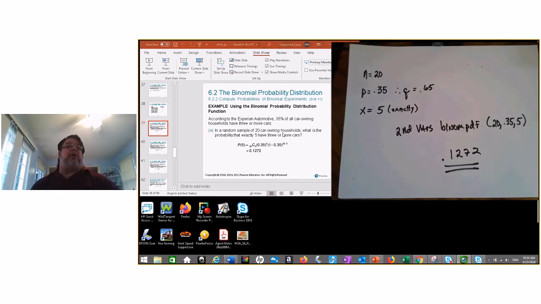So, Ms. Carver, right quick, can you see both of the screens? The PowerPoint on the left and the document cam on the right? I'm waiting on her.